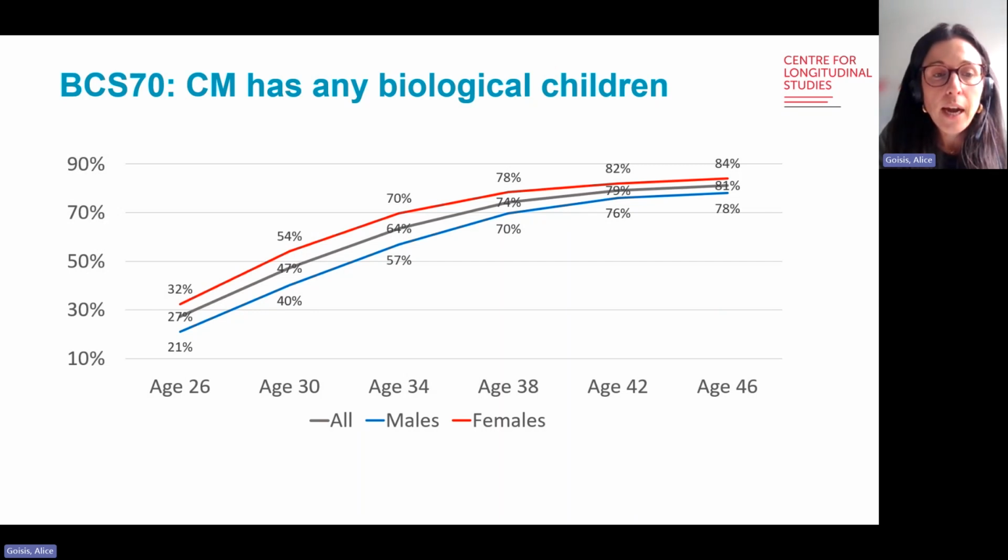For example, here we see the proportion of cohort members who have any biological child, and as you can see, the proportion is slightly higher for females than for males, especially at the younger ages. And then we see that, as you would expect, the proportion of cohort members who have a biological child increases for both females and males, and reaches 84% for females at age 46 and 78% for males at age 46.